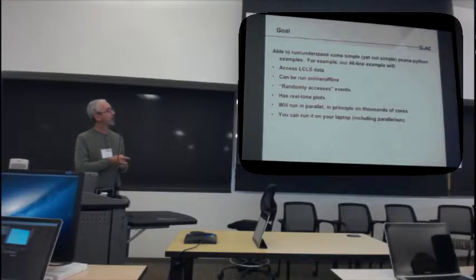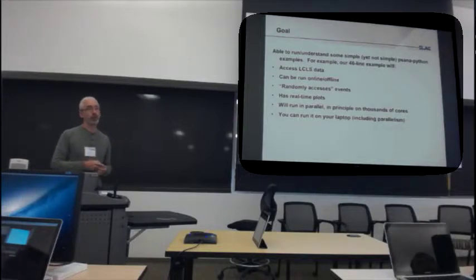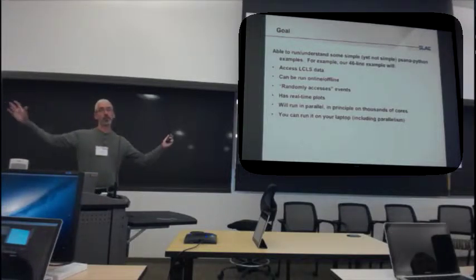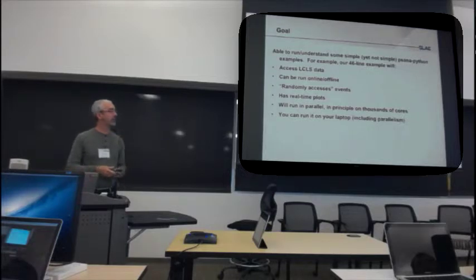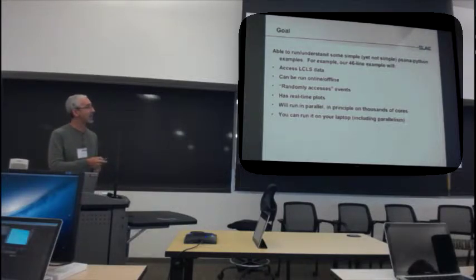So you can take this 46-line script and run it in parallel on multiple nodes, and analyze all 120 hertz online. Since we introduced this feature, maybe 4 or 5 months ago, I would say probably 8 experiments have already used it to analyze all 120 hertz with their own simple code, because Python is a very simple language.